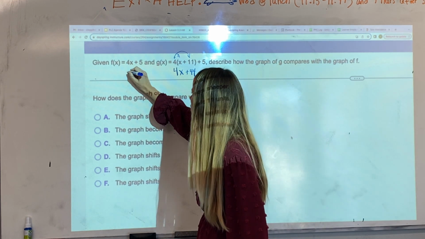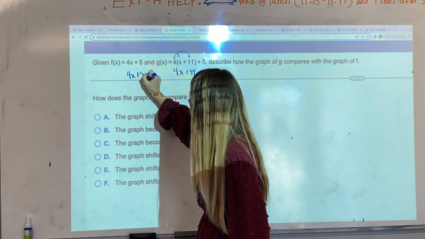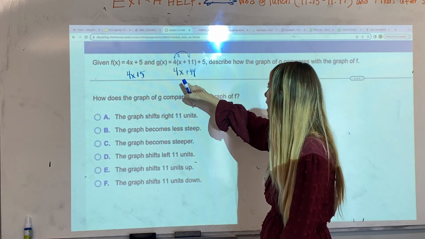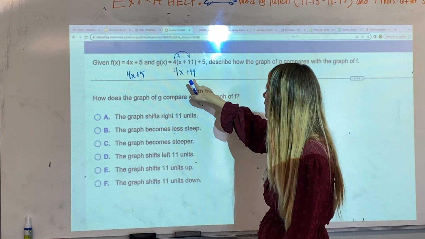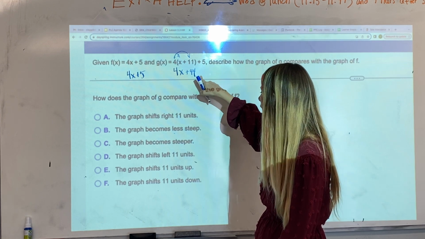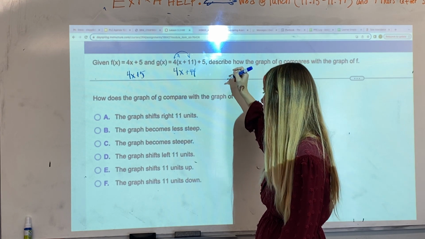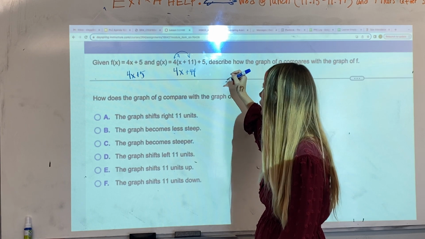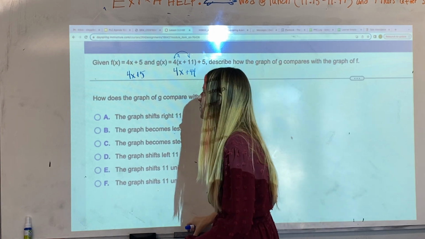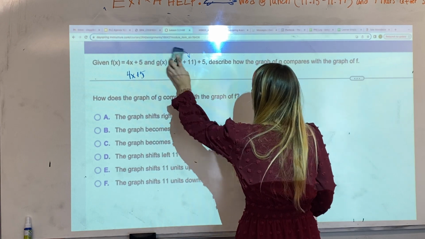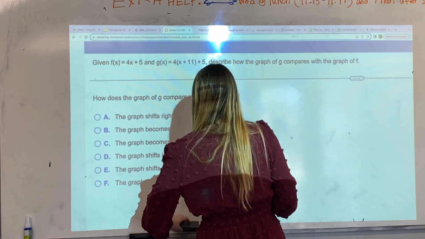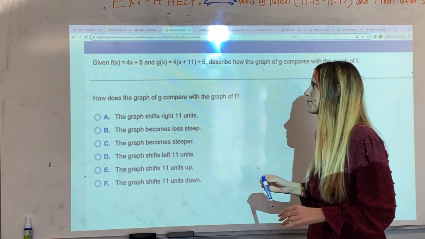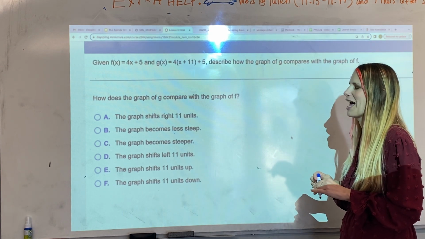This one's 4x plus 44, and then 5 is being added to it. Oh, no. I'm so sorry. Now I'm confusing myself. This one is weird. I see what's happening.